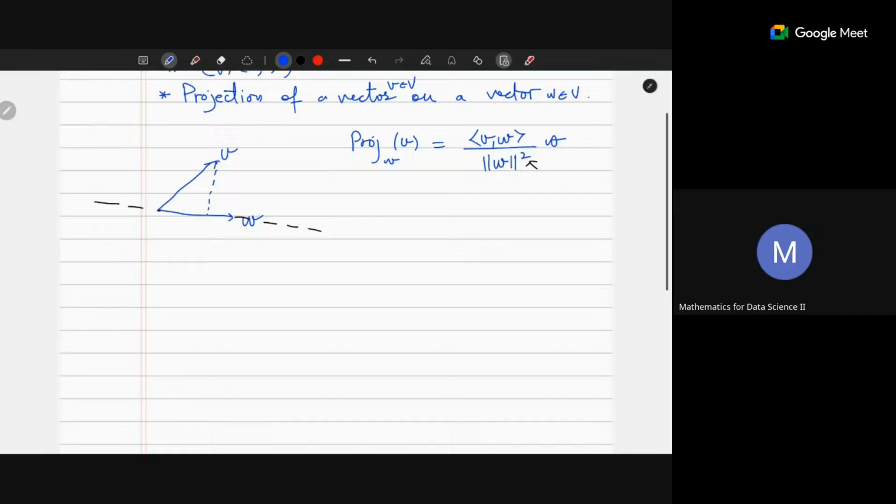So now, in case W in V is an orthonormal vector, that means what? Because it's orthonormal, the norm of W is 1, right?